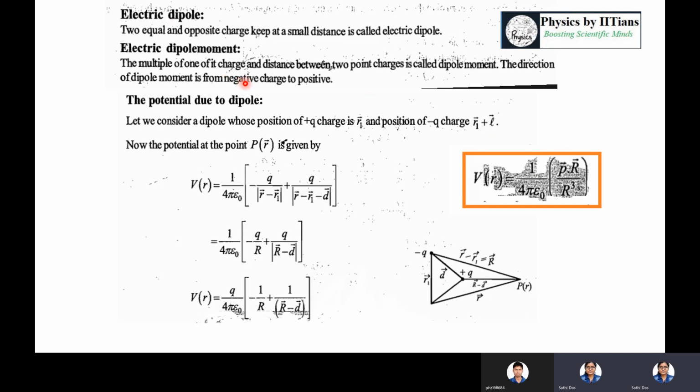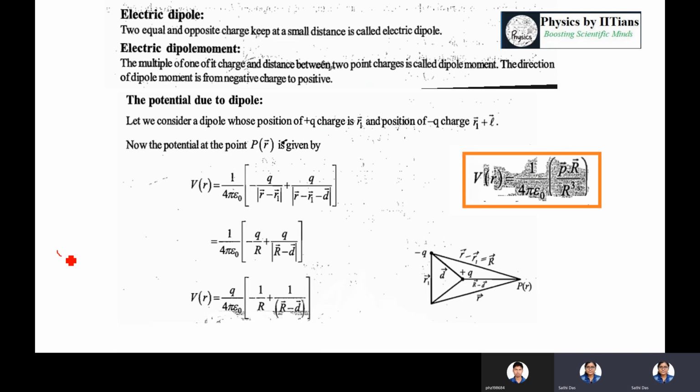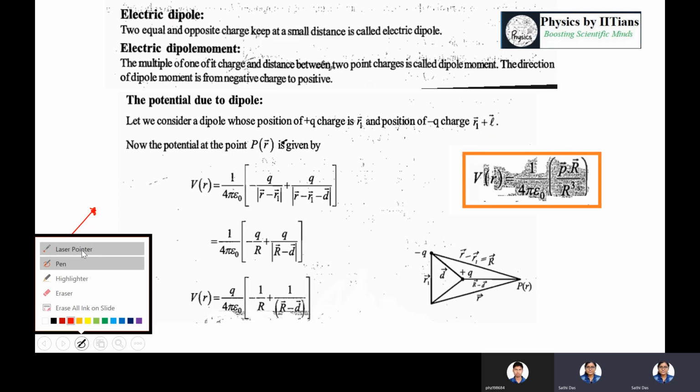The direction of the dipole moment is from the negative charge to the positive charge. So suppose there are two charges, one is plus q and another is minus q. The magnitude of the dipole moment is q times the distance between the two charges, and the direction is from minus q to plus q.